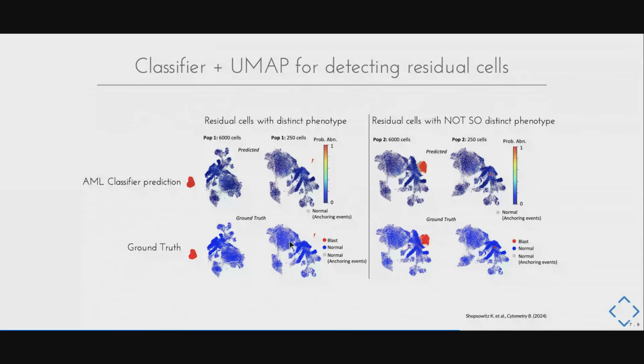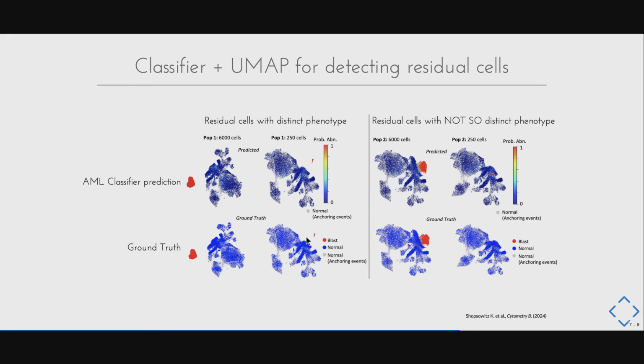So let's look at the first data set. The first data set includes cells with unique, easily distinguishable immune phenotypes. When we had a high number of cells, 6,000 cells, the UMAP can clearly separate the AML cells from normal cells. Even when we reduce from 6,000 to 250 cells, the UMAP can still manage to distinguish those AML blasts from the normal cells.